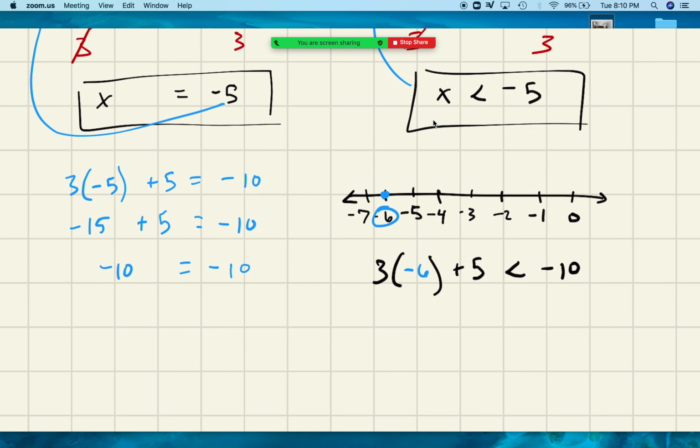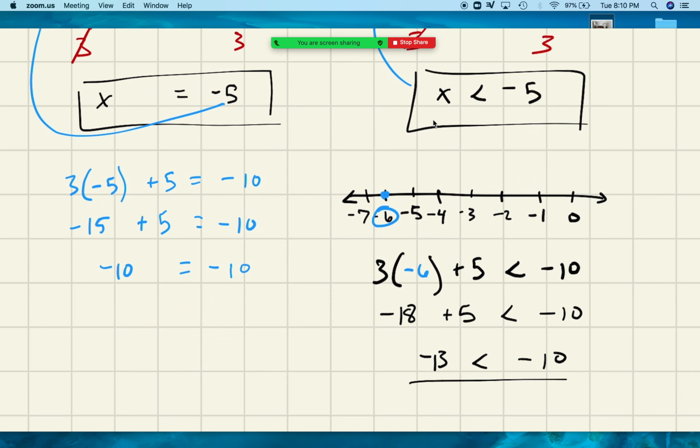Let's see if we get a true statement. 3 times negative 6 is negative 18, plus 5, less than negative 10. Negative 18 plus a positive 5 is negative 13.